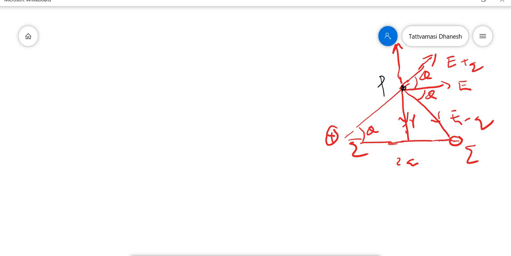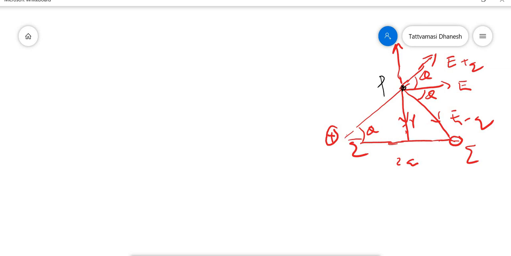At P there are two electric fields. One is the electric field due to plus q charge, and another one is the electric field due to minus q charge. You always know the electric field towards the minus q charge will be towards the charge, and from the plus q the electric field will start. The electric field always starts from the positive charge and ends on the negative charge.